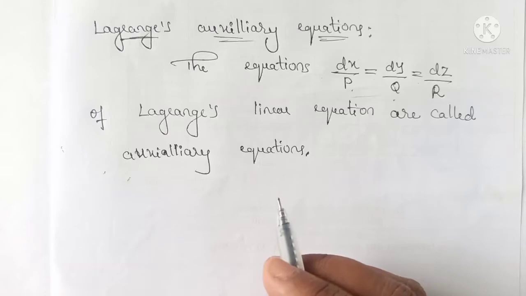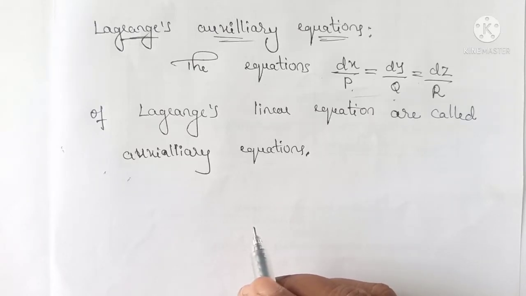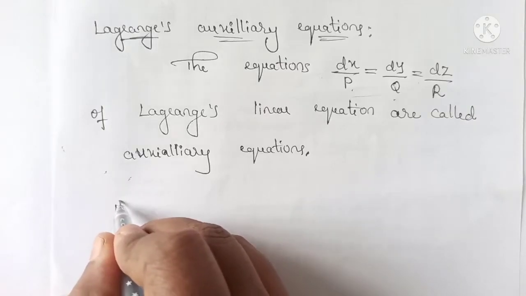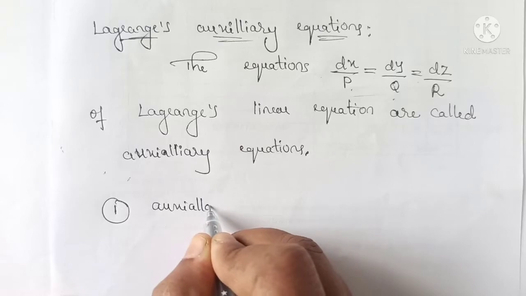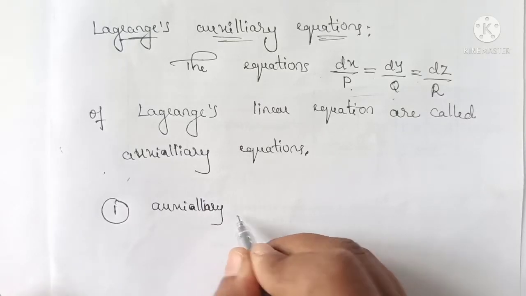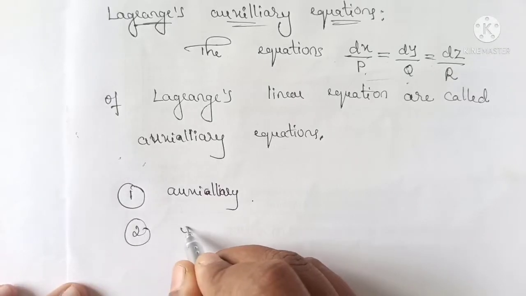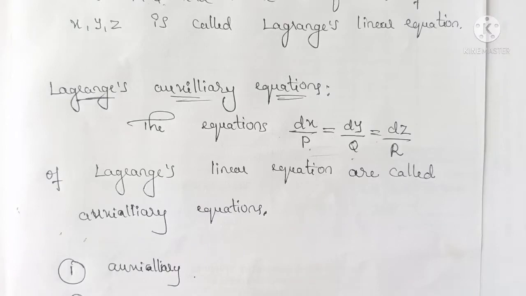The working rule to solve the Lagrange's linear equations is as follows. First step, we write the auxiliary equation. Second step, we solve this auxiliary equation. This is similar to solving simultaneous equations.